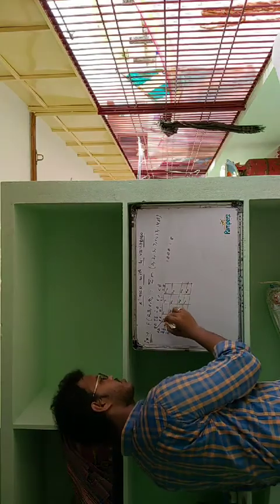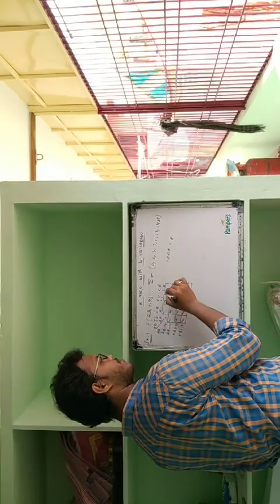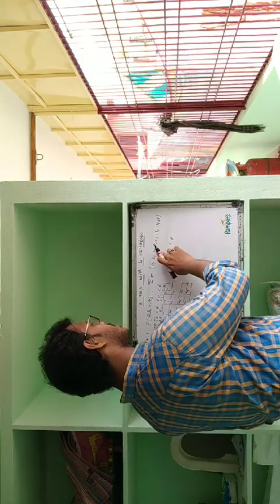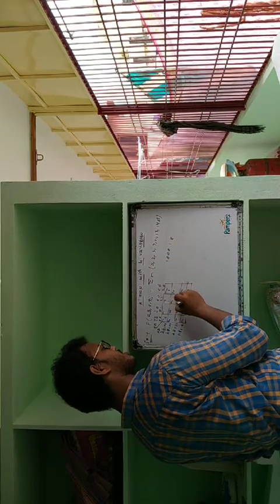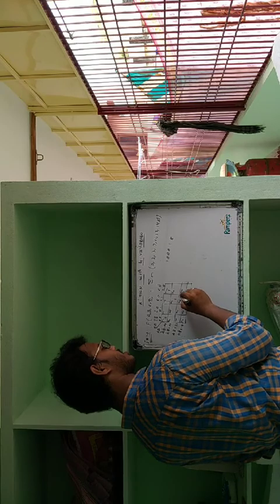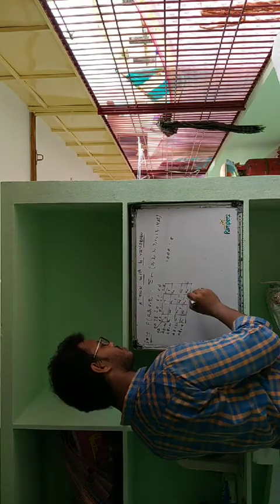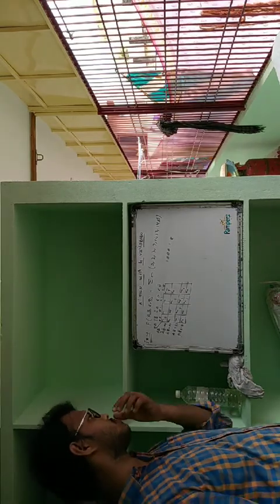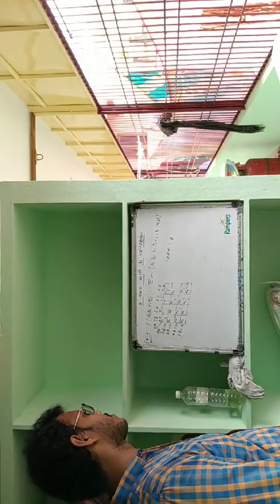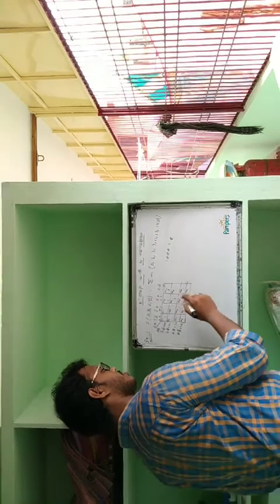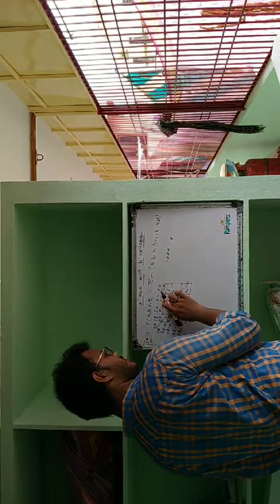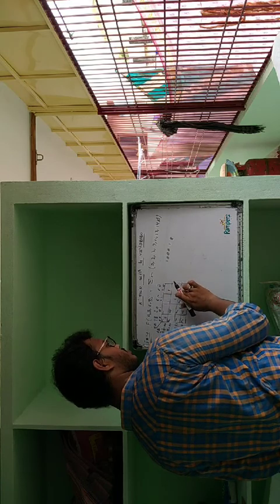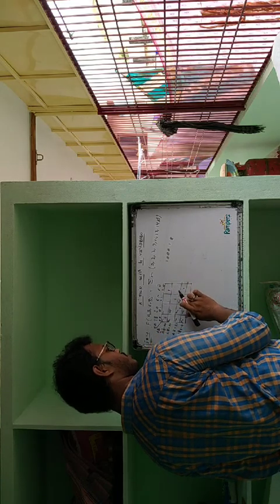At m0 the function is high, at m2 the function is high, at m3 the function is high, at m7, m11, m13, 14, 15. I am arranging each term to make it more clearly visible.